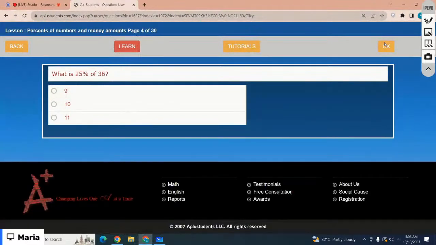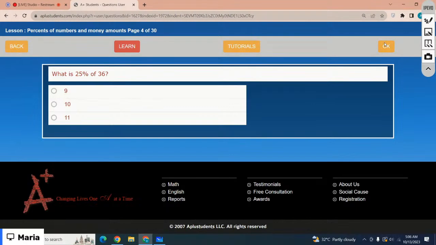The next one is, what is 25% of 36? Which is the correct option? You can use your notebook and pencil to do the calculations. 25% means you need to divide the value into 4 equal parts.